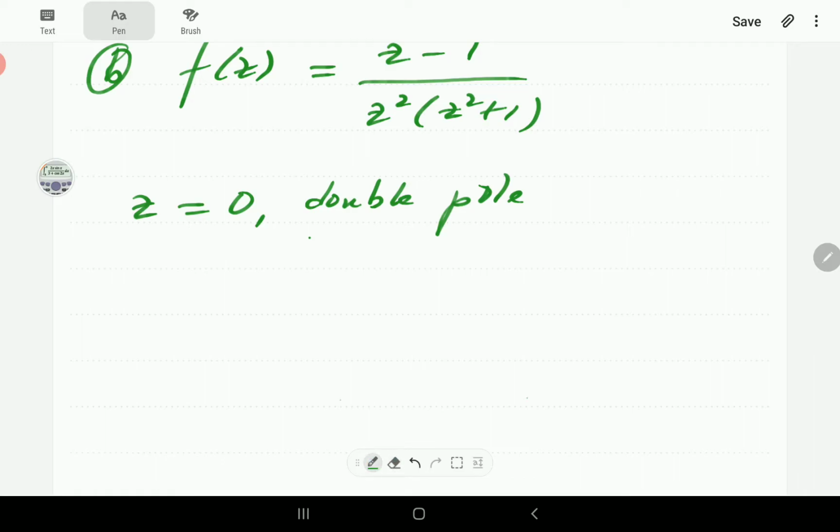This is simply because 0 is a double root of the denominator. Whenever your singularity is a double root of the denominator, then it's going to be a double pole. Whenever it's a simple root, then it's going to be a simple pole. So plus or minus i, these ones are simple poles.